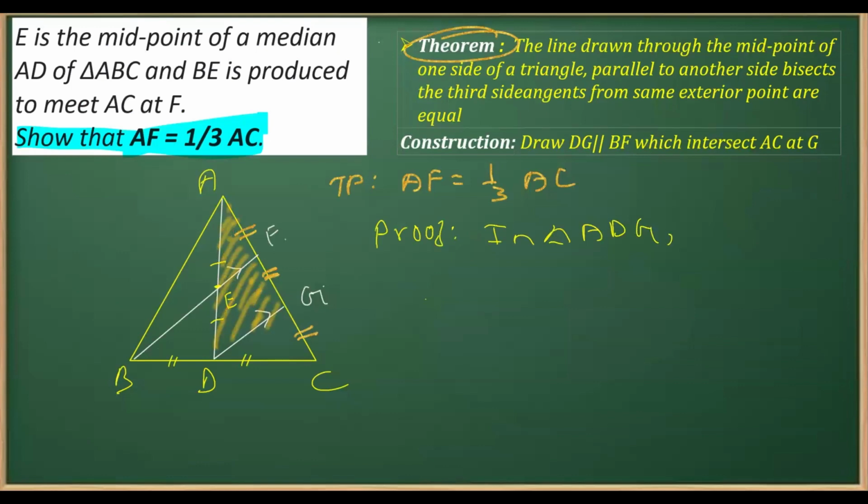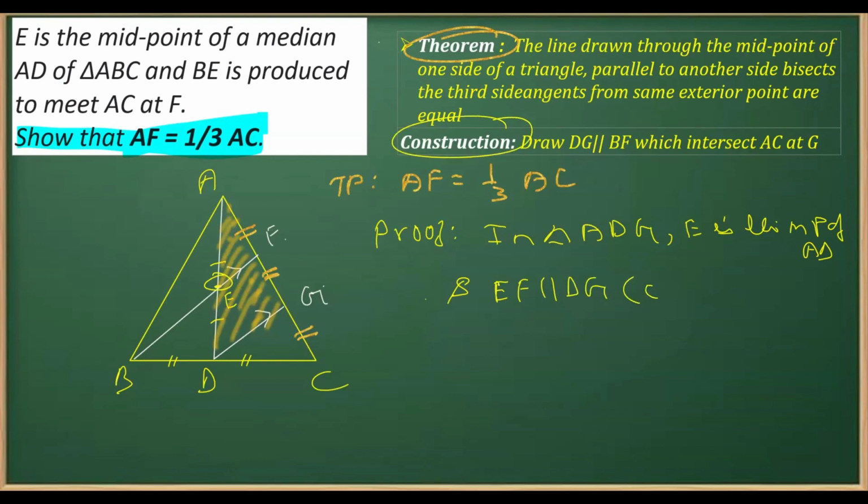we know that E is the midpoint of AD. That's given. And we have EF parallel to DG, and that's from construction.